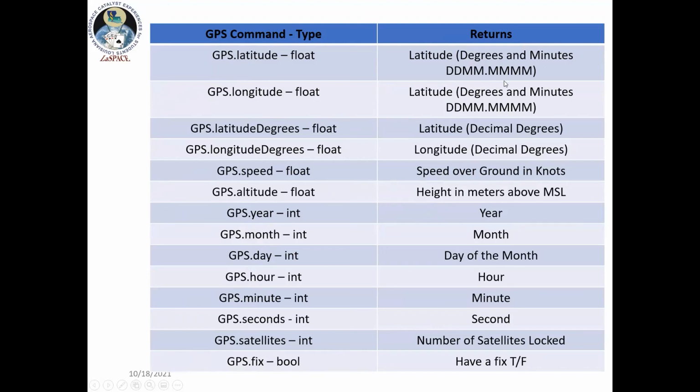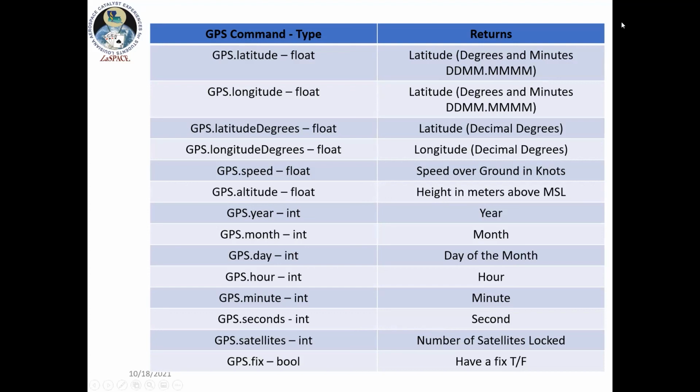The raw output of the GPS is in this format, with numbers before the decimal and then numbers after. It's first the degrees, then minutes, then decimal minutes, right? There are 60 minutes in a degree.